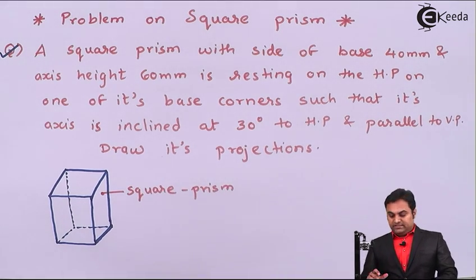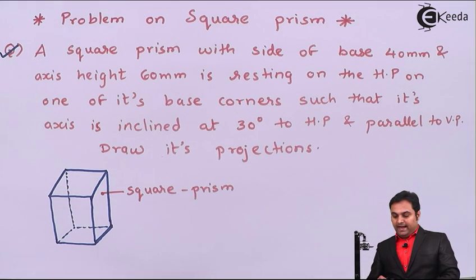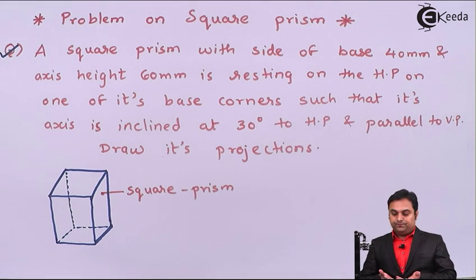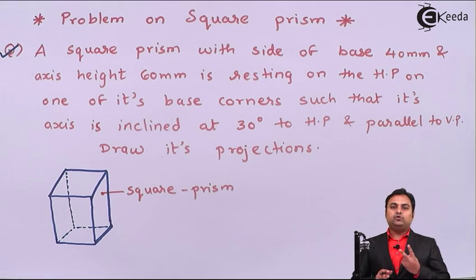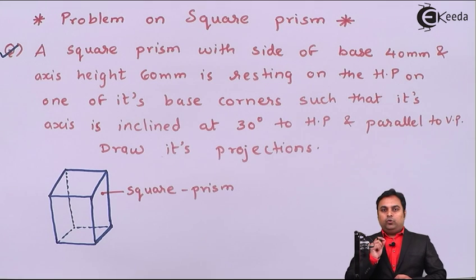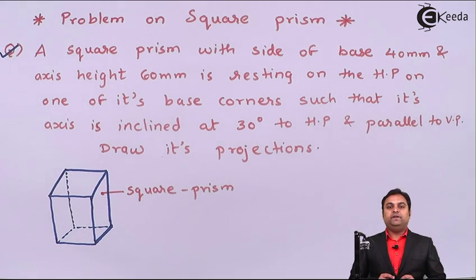Now, this is a square prism and it is resting on the ground. On the ground is also called as on HP, because in case of drawing we have two planes, horizontal plane and vertical plane. Vertical plane called as VP, horizontal plane called as HP.